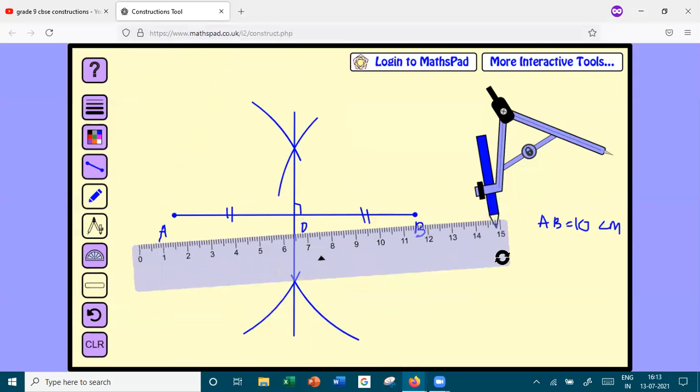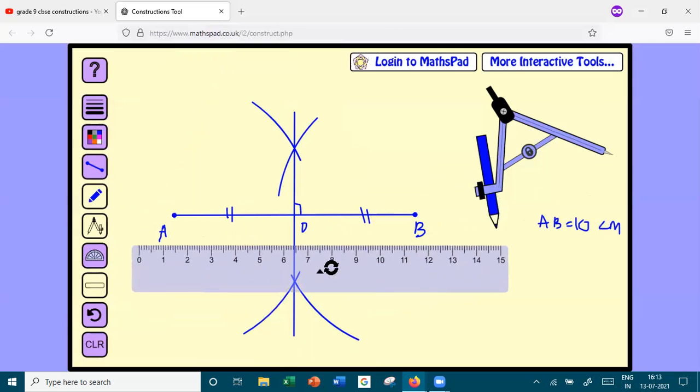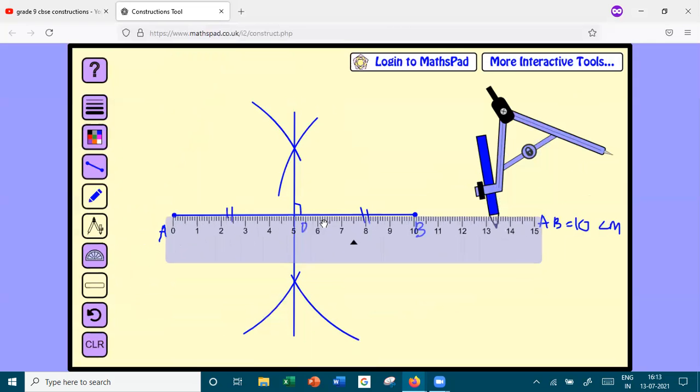Good, that's what's supposed to be the answer. We have also got it as 5. Surprisingly, though I thought my 90 degree wasn't really 90, it still came correct. Great, so this is how you bisect any line, any measure.